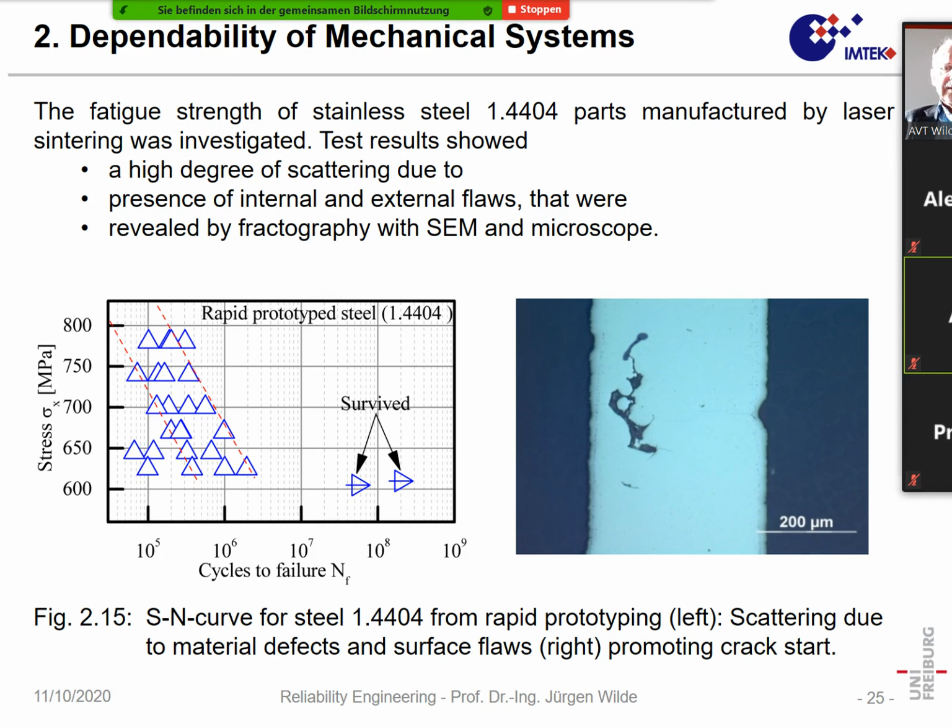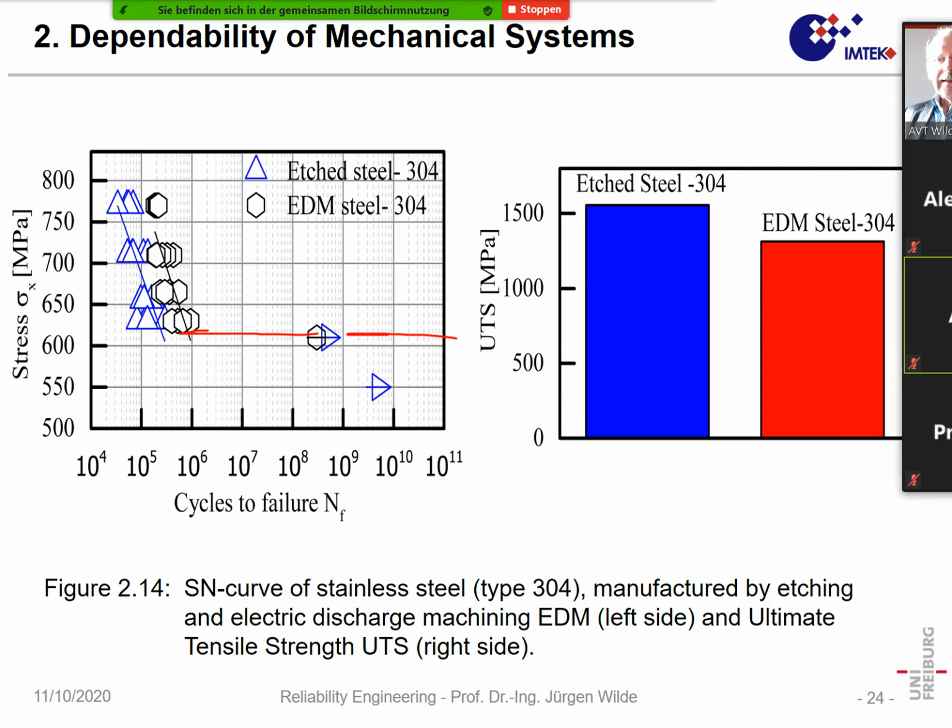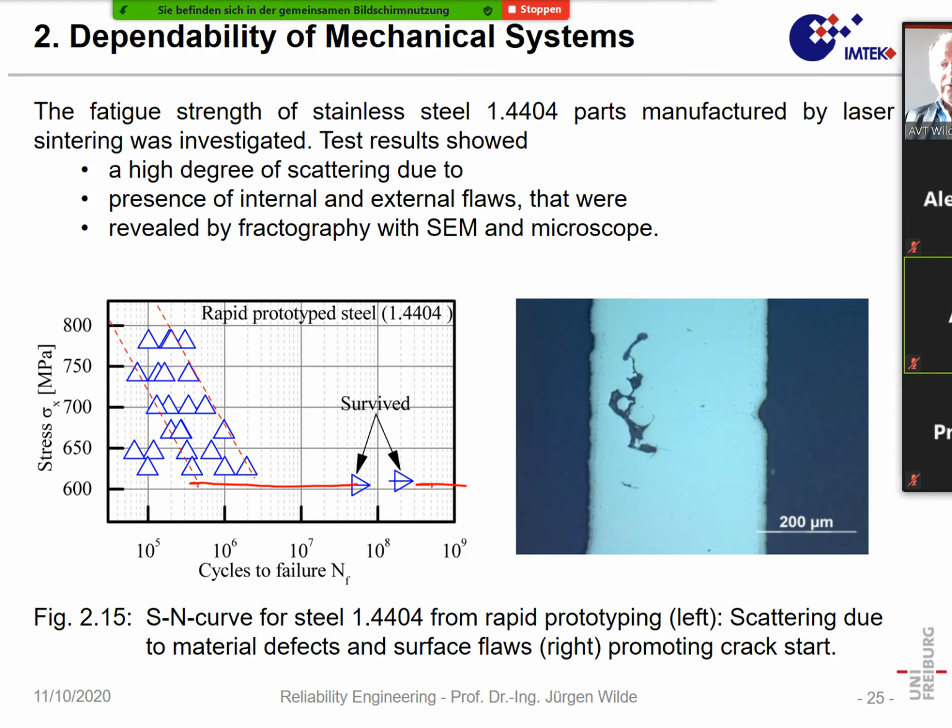Here, that was a rapid prototyping material, and in that material we had a similar endurance limit, but on the other hand, at lower times and higher stresses, we had a very large scatter. If you compare it here, the scatter for the blue or the black is very low, and here it's very large. And again, the scatter is affected by internal defects.